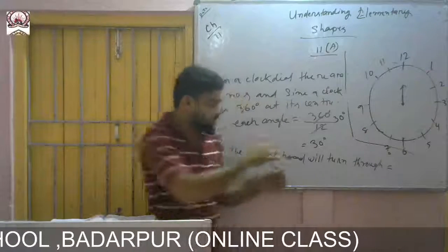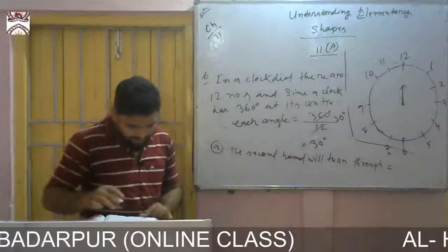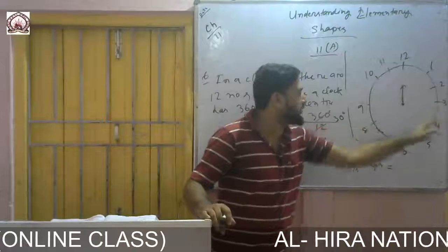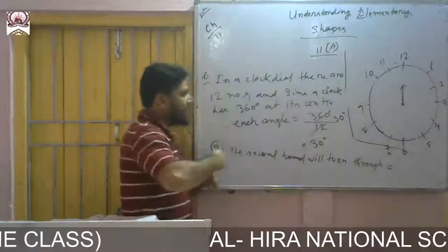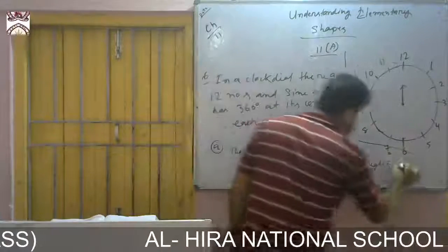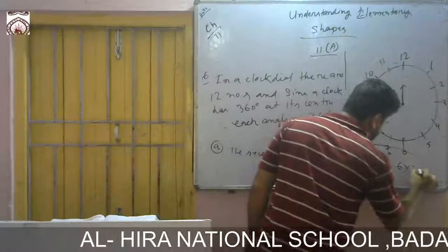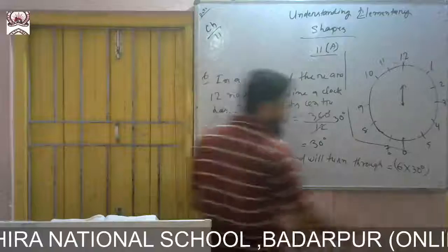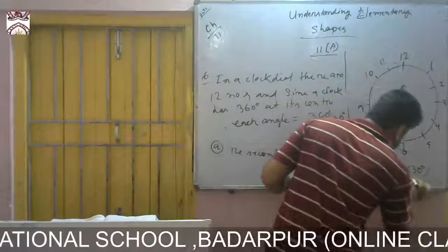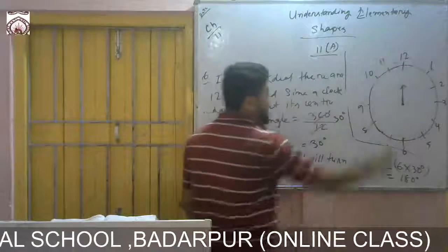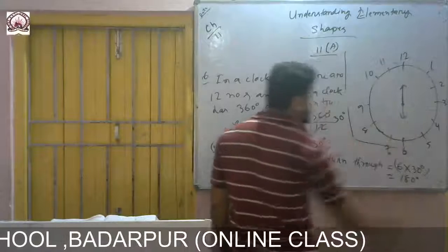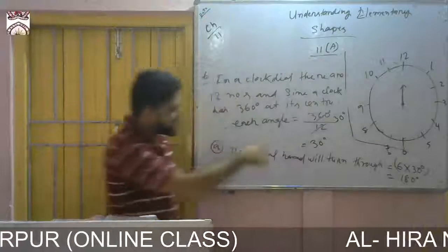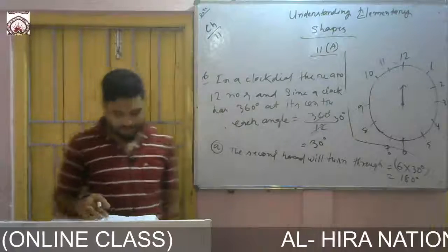That is 6 times 30 degrees, because each angle is 30 degrees, so it will be 180 degrees. Earlier I said it will come like this, so 180 degrees, because it is a straight line. So by method you can find 180 degrees.